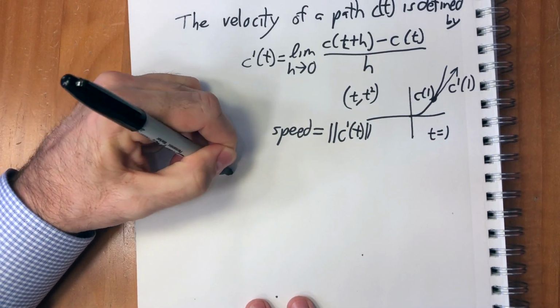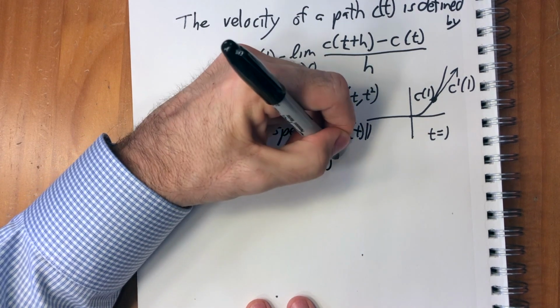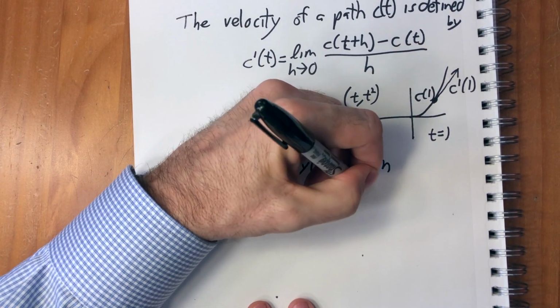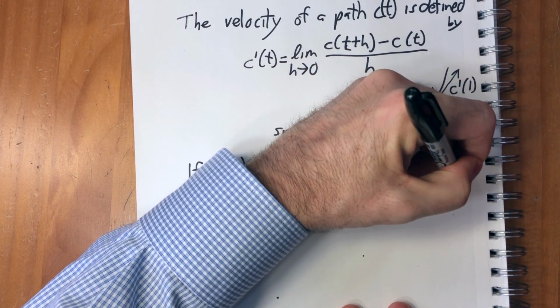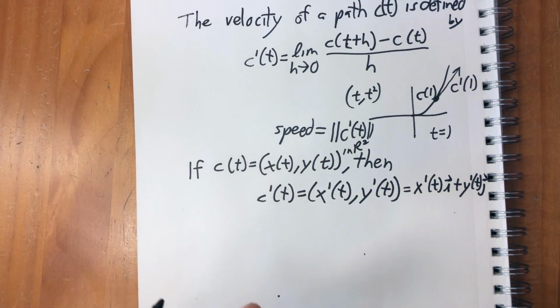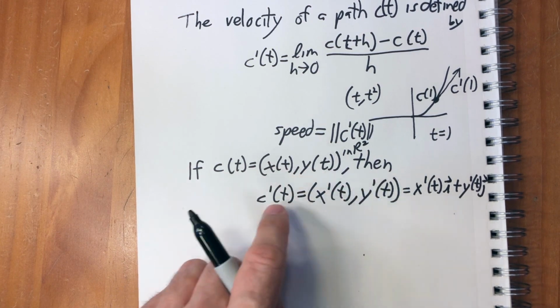So if c(t) equals (x(t), y(t)) in R2, then the velocity vector equals (x'(t), y'(t)), or in components, x'(t) i plus y'(t) j. And the same thing is true in 3 dimensions. If this was in R3, it would be x(t), y(t), z(t), and so on.